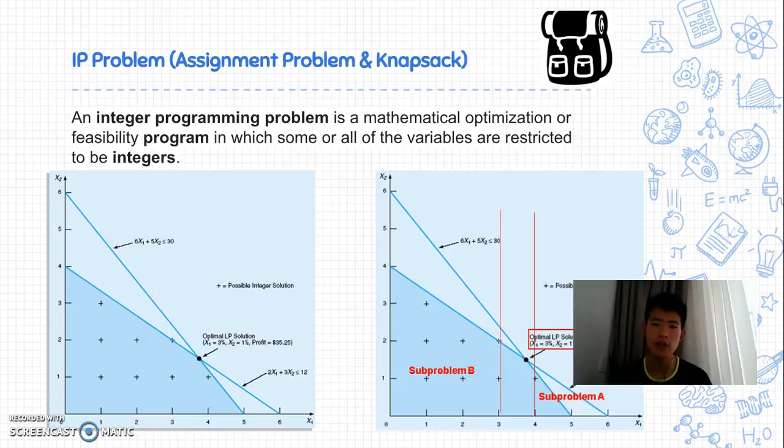But I would like to highlight the fact that for the integer programming problem, the optimum solution value will always be lower. Why? Because we are restricting the possibilities of the decision boundaries. Instead of the whole set of areas, we're limiting those to only the plus areas.